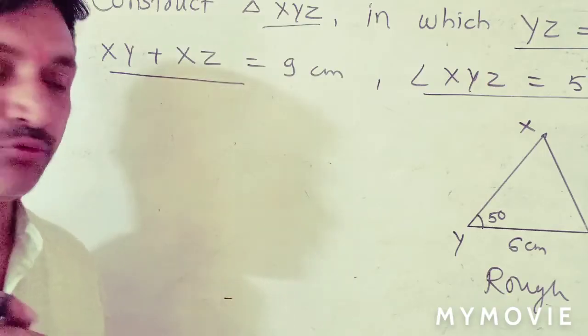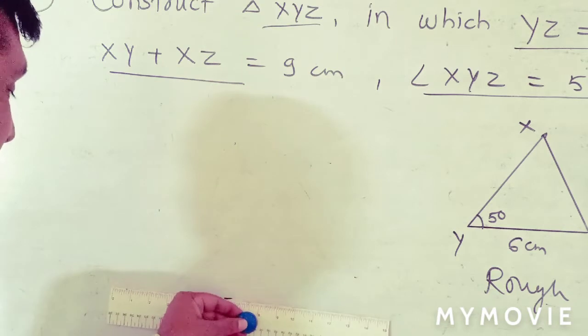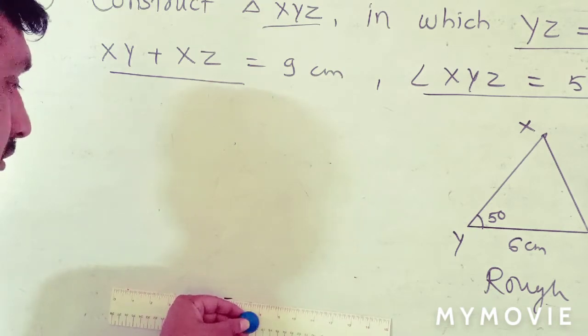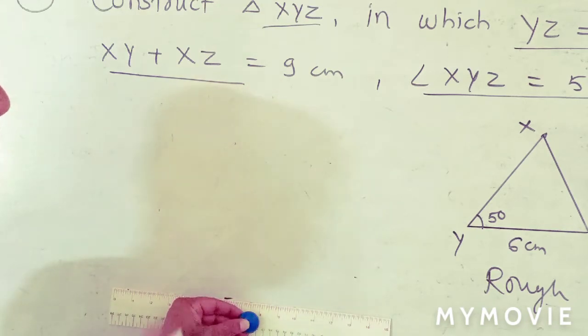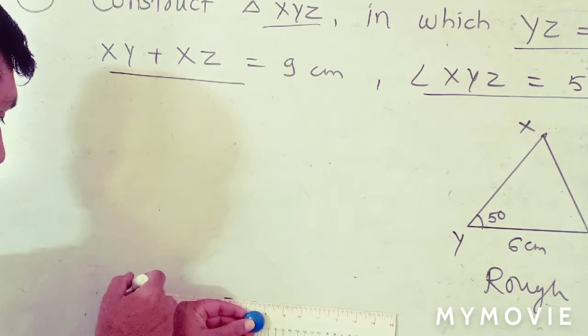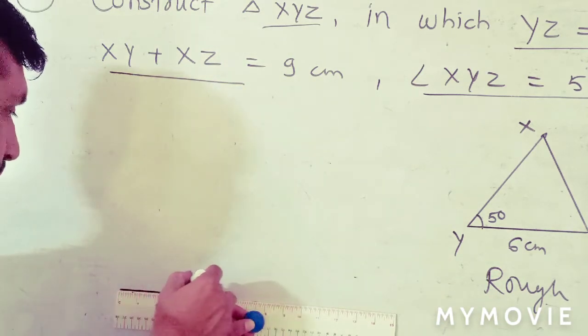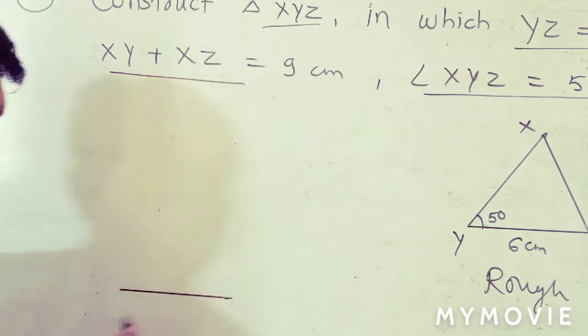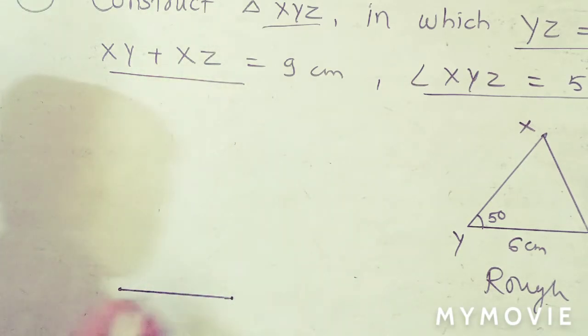Dear friends, for the required figure, first take the base. Now we are taking exact measurements. Base YZ is 6 centimeters. Draw a segment of 6 centimeters. Name it YZ. YZ is the base.